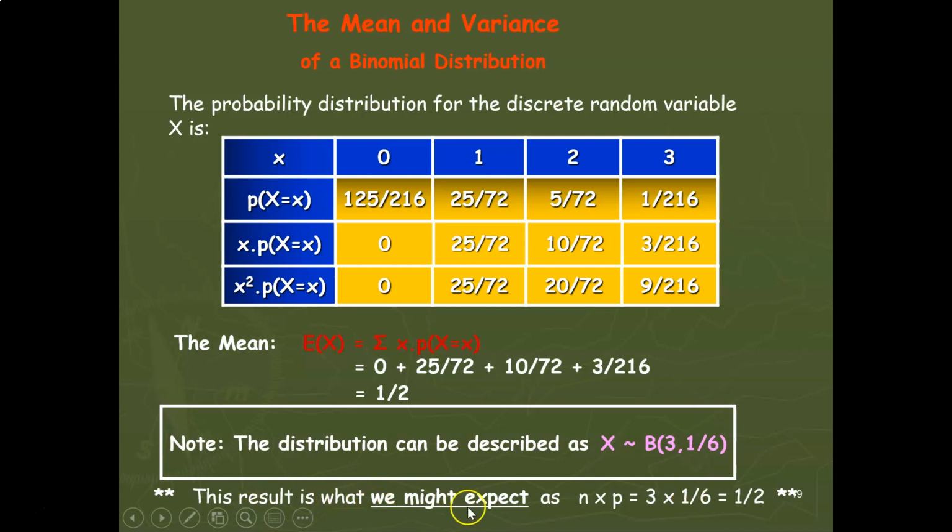This result is what we might expect as n times p, which is your trials times the probability of success. 3 times 1 over 6, you get 1 over 2. So this is equal to the expectation or the mean just now. This is how you obtain your mean. It's the same as for the random variables we have learned before. This is the formula.